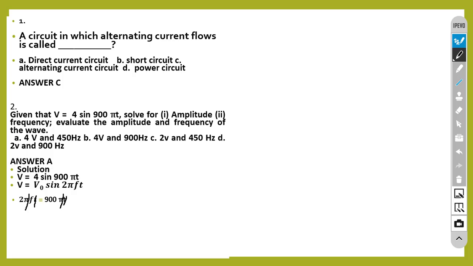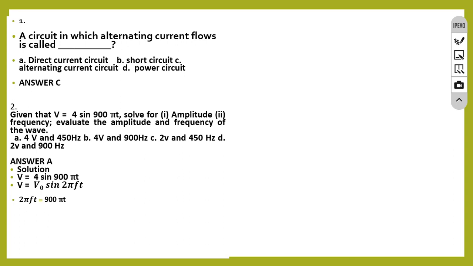What is left is 2f equals 900. Write it here: 2f equals 900. Dividing through by 2, the coefficient of f, we get 450 Hz. So that's how we got our answer.